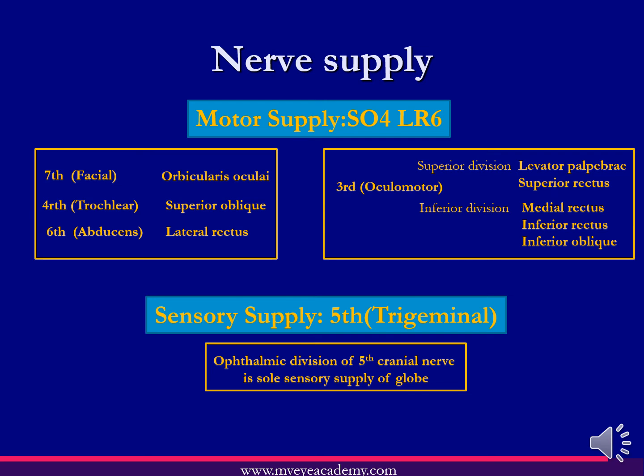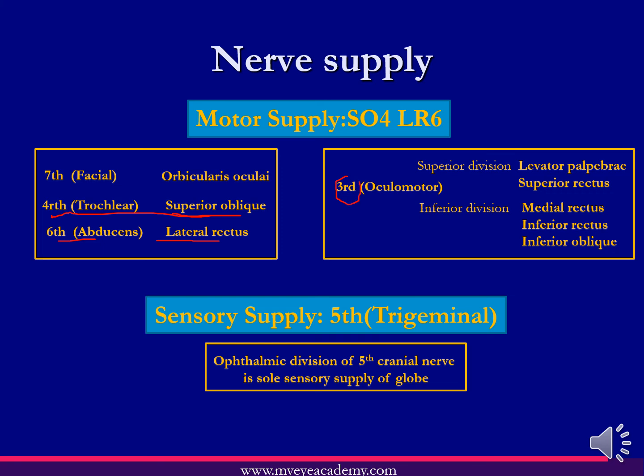To discuss the nerve supply of the eyeball, we need to remember a mnemonic which is SO4LR6. SO4 means superior oblique is supplied by the fourth nerve. LR6 means lateral rectus is supplied by the sixth nerve, and the rest of the muscles are supplied by the third nerve.